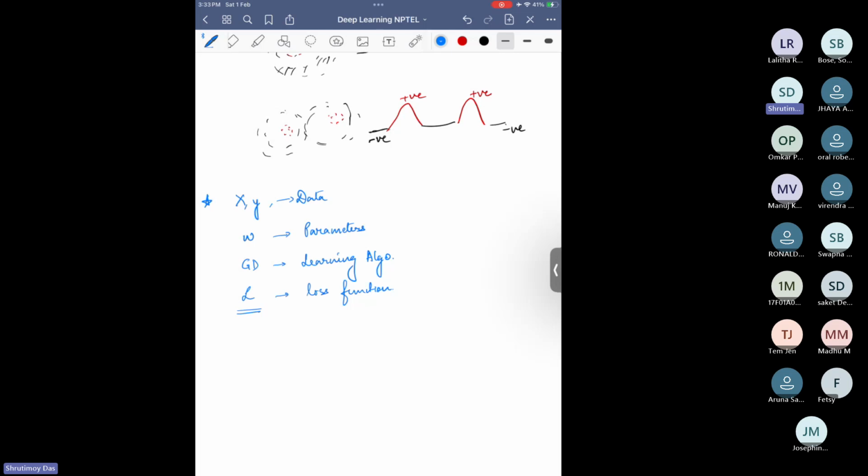If you're doing some updates and the loss function is decreasing, that means you are going in the correct direction. You are on the correct path. If your loss is increasing, which means you are not on the correct path, you are doing something wrong, or you need to change your algorithm.